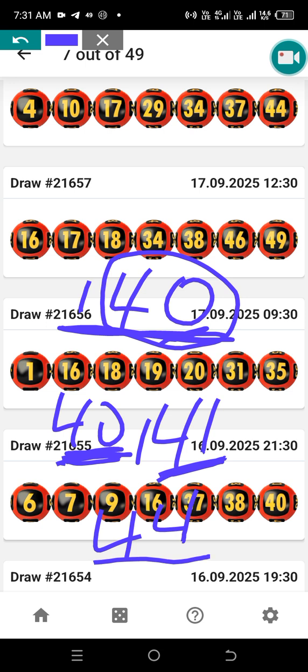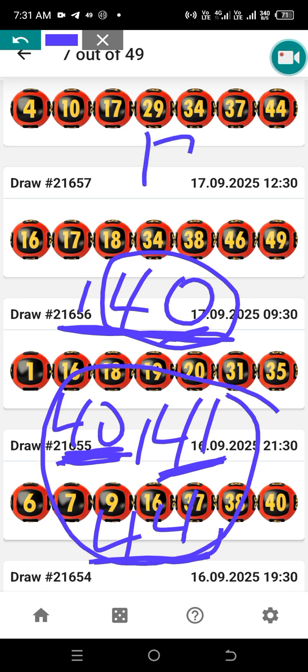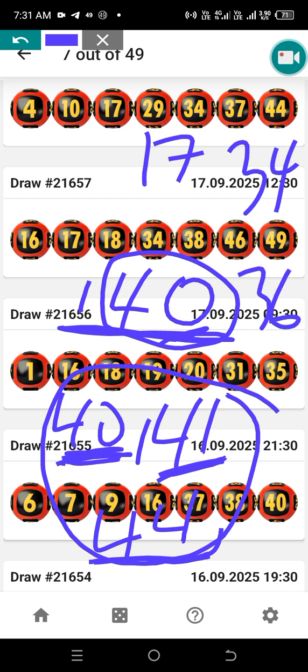So your next expectation will be 40, 41, and 44. Then you have also 17 and 34, which we were waiting for, even 36. Then 14 equals 18. Then you are already done, guys. Very easy, very easy, very easy.